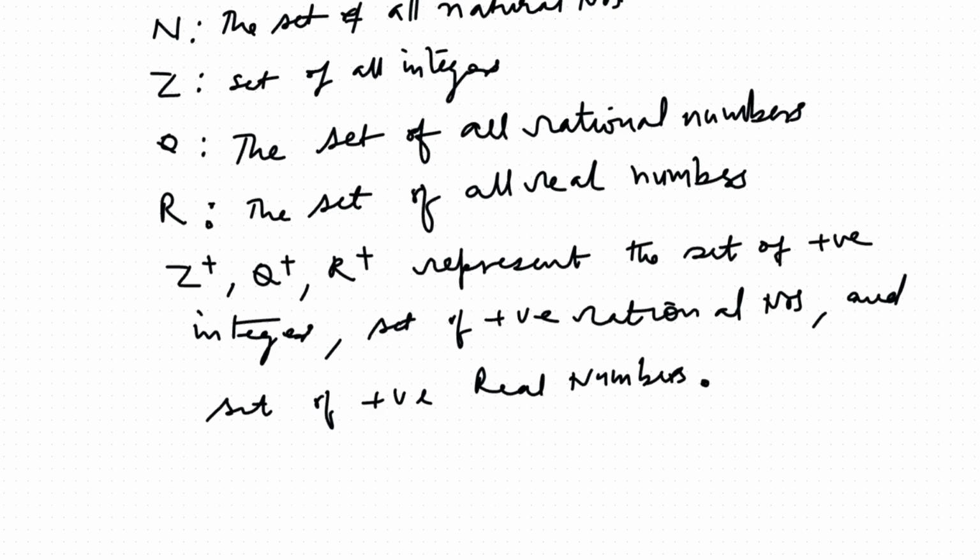For example, Z plus is representing positive integers, Q plus represents positive rational numbers, and R plus represents positive real numbers.